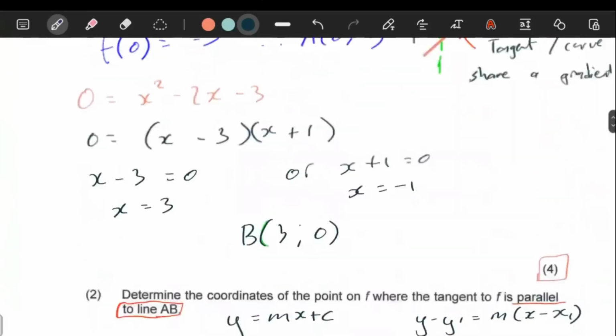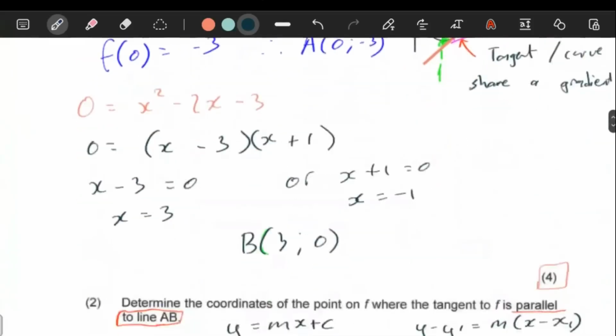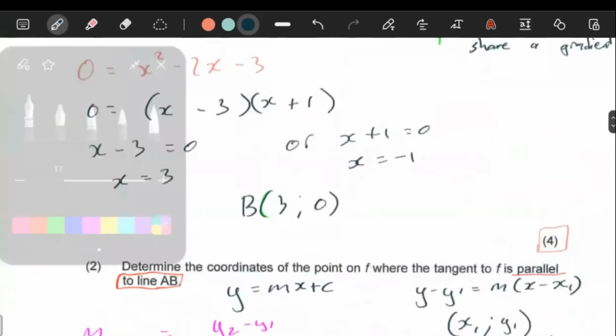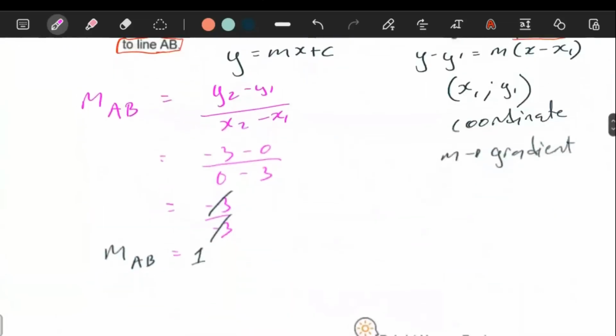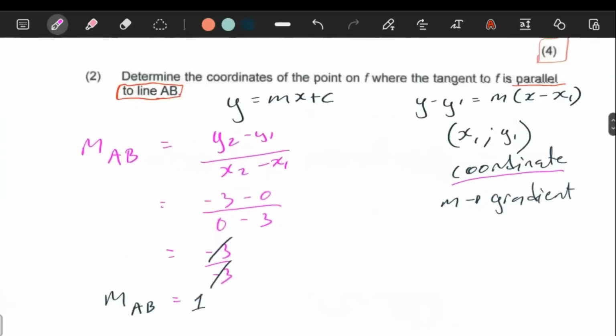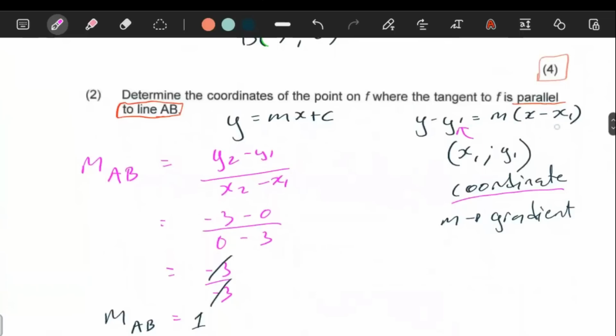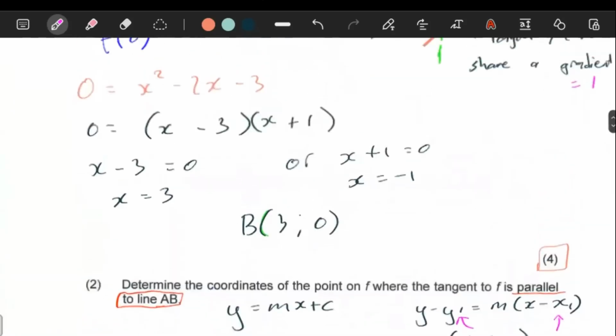The gradient of AB is the same as the gradient of our tangent. Since the gradient of our tangent is the same as the gradient of our curve, the gradient there is 1. So if the gradient there is 1, we can find the coordinate over there, because we need that coordinate to eventually get the equation of our straight line.